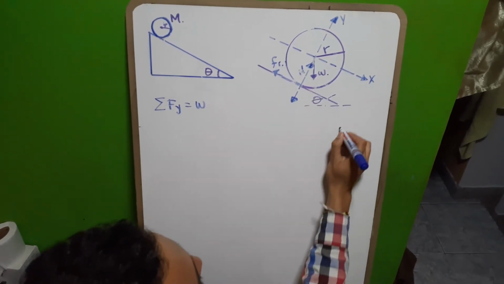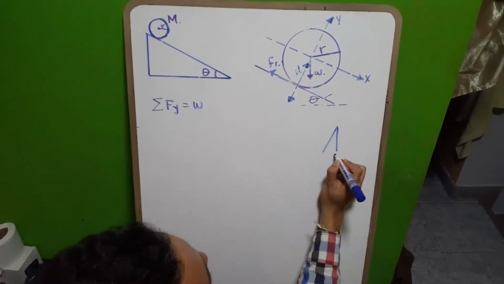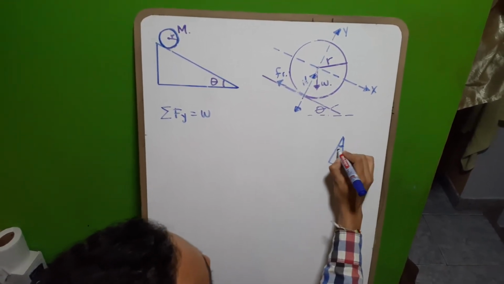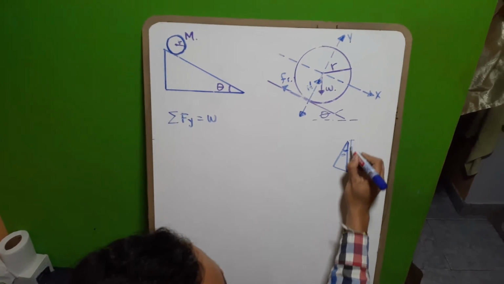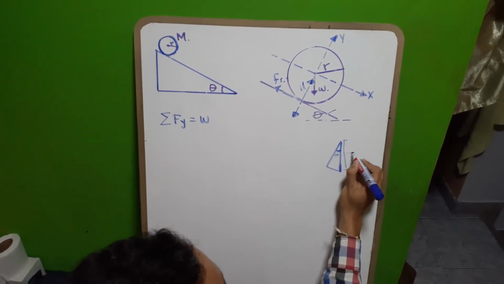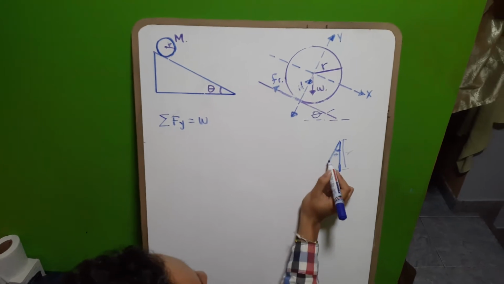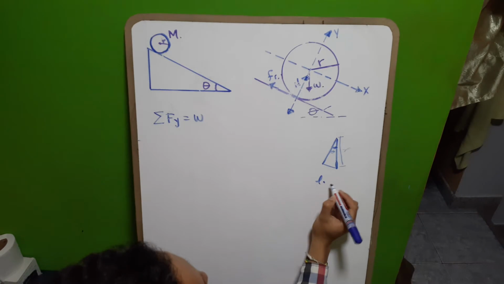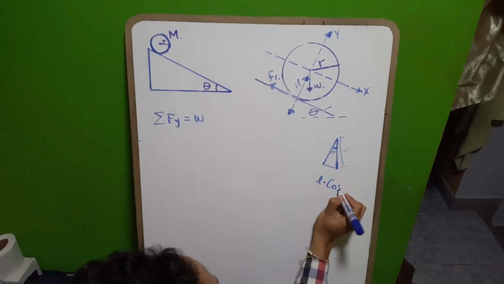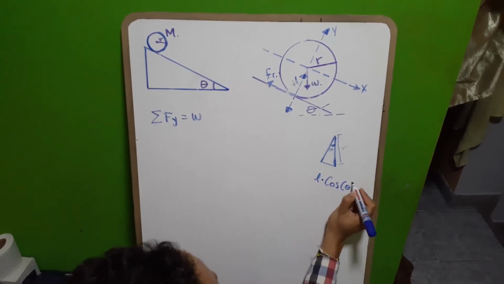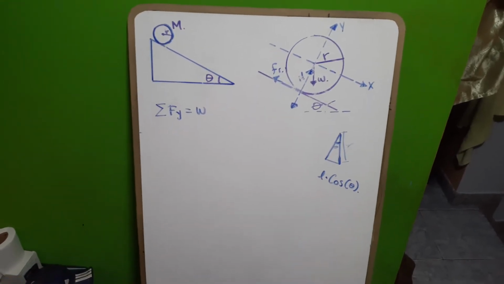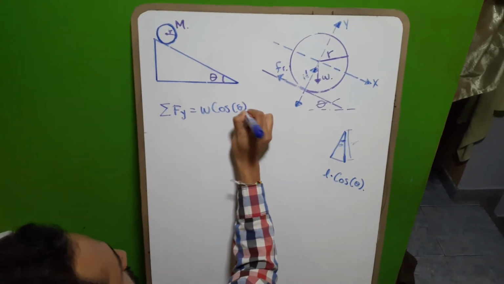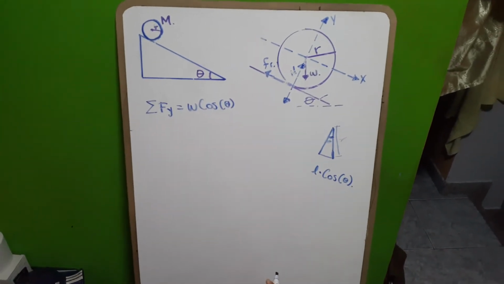This is our triangle, so this is angle theta. This long side is W by cosine of theta.